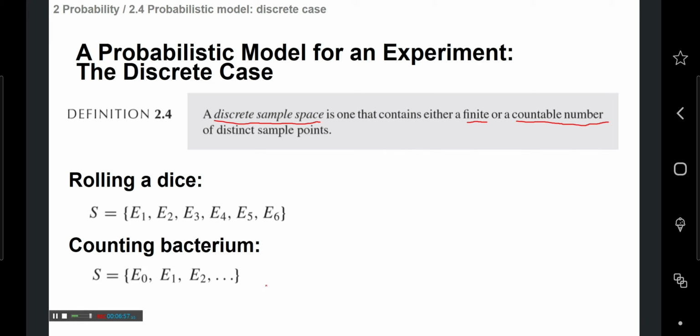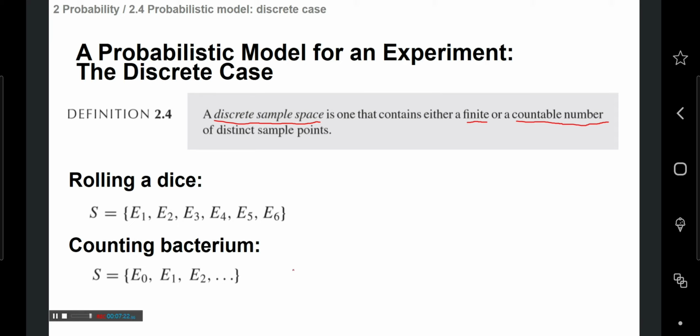Probably you know what this means if you learned some math classes. So the natural numbers have countably many numbers. Then what about real numbers?